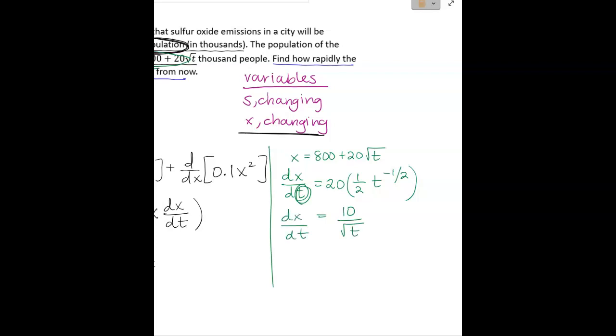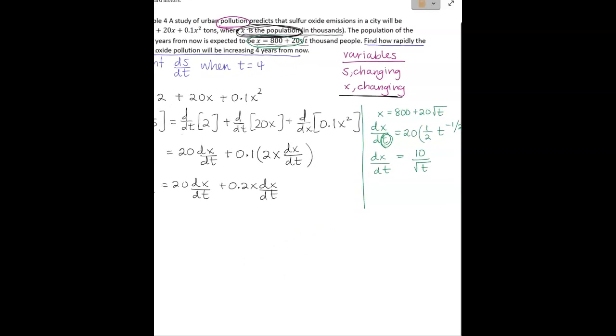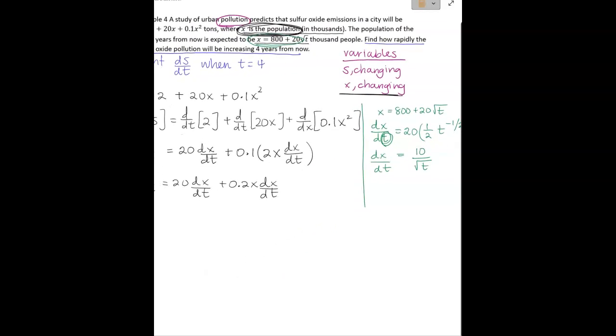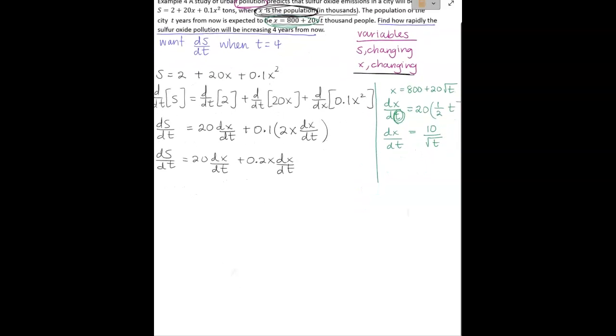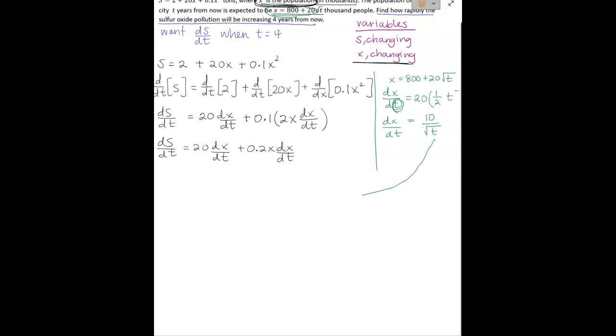So now we have an expression for dx dt. We have two options here. We could substitute this dx dt into these two places right there. But we do know that we're looking for this specifically when t is equal to 4.